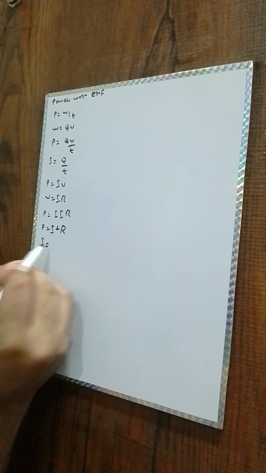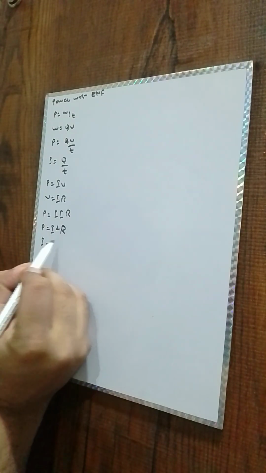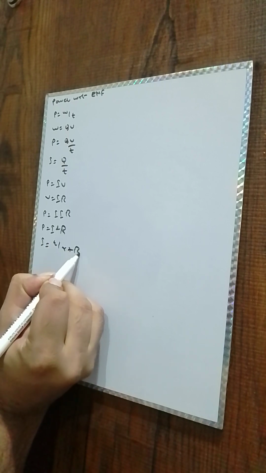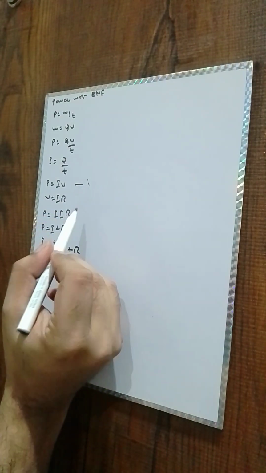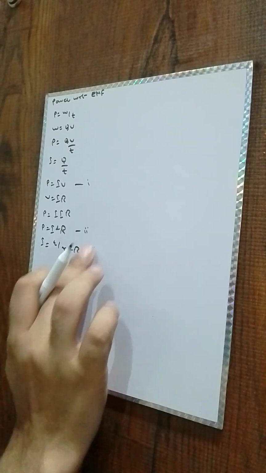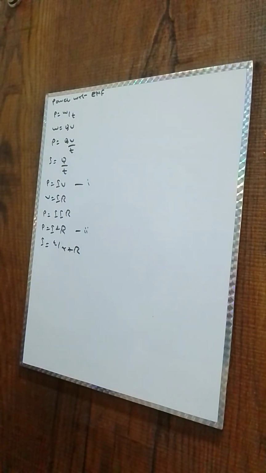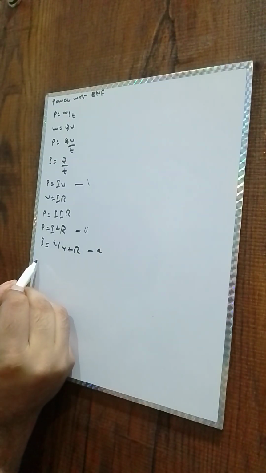We know that I is equal to, from previous establishment, E by R plus r. So we have 1 here, we have 2 here, we have now a substitution to make.